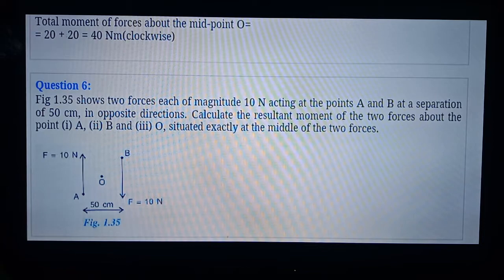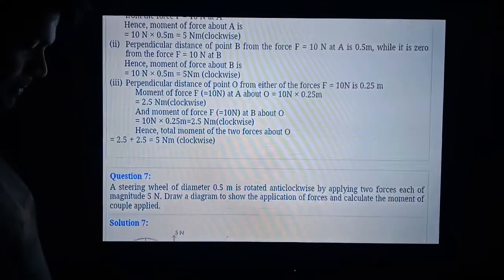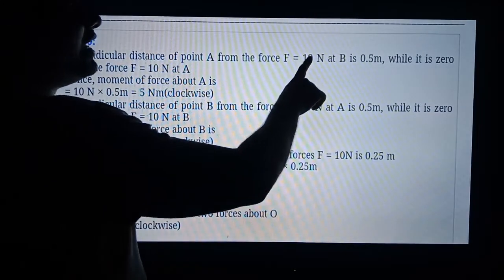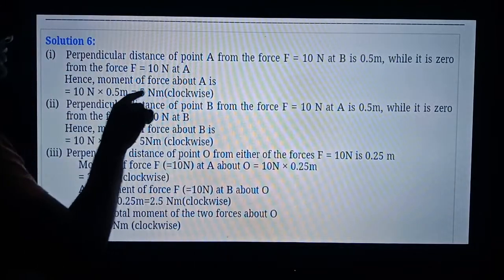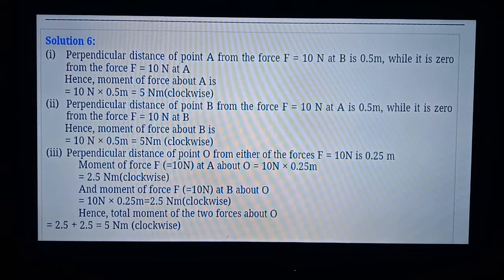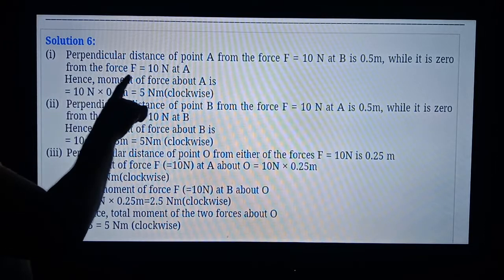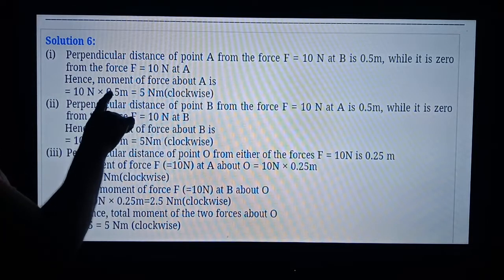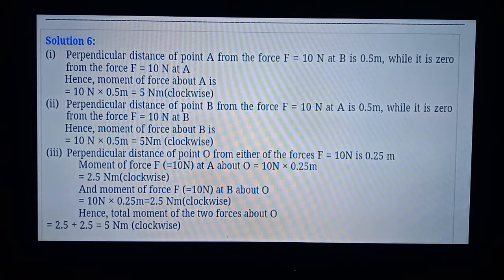Now, so 10 into 0.5, that is equal to 5 Newton meter clockwise. Hence the moment of force about A, that is 10 into 0.5, that is 5 Newton meter clockwise.